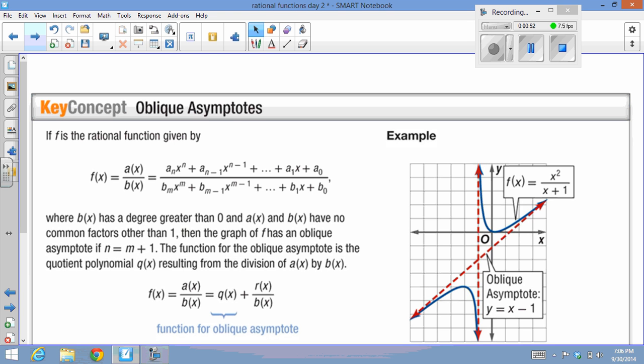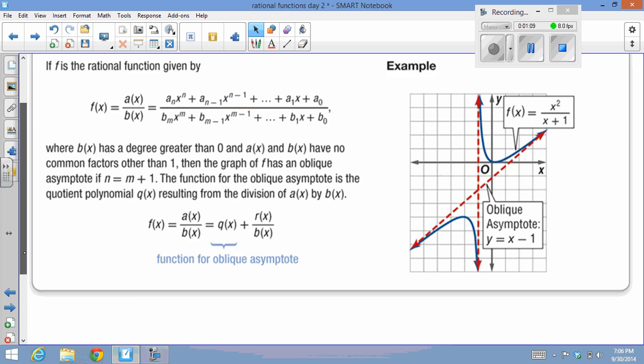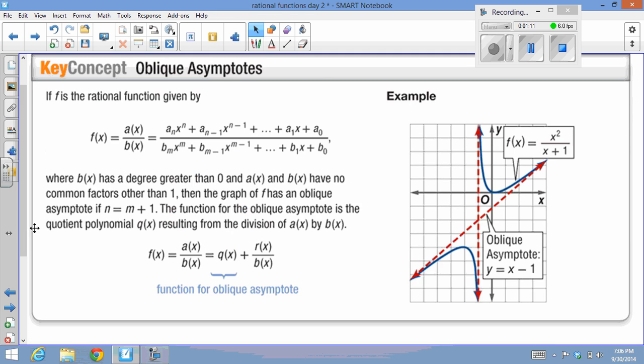You ignore the remainder. The remainder doesn't matter to us. The only thing that matters is what you get on top of the dividing bar. So it's y equals that, and that will be what our asymptote will be.